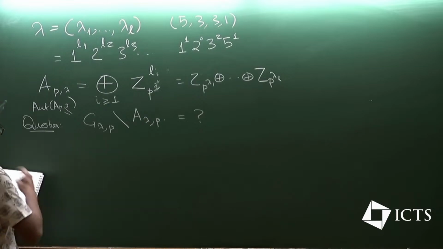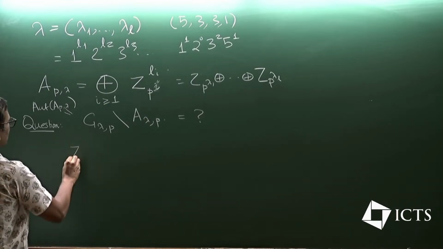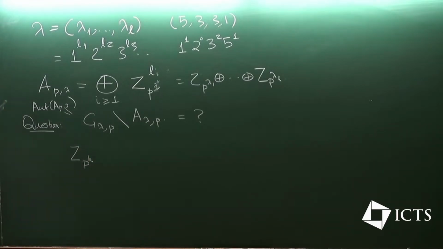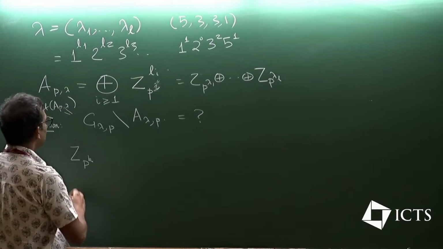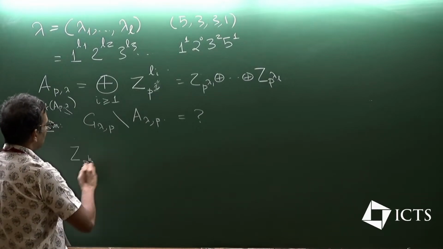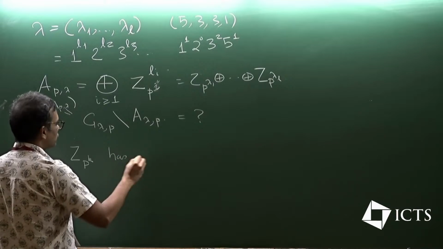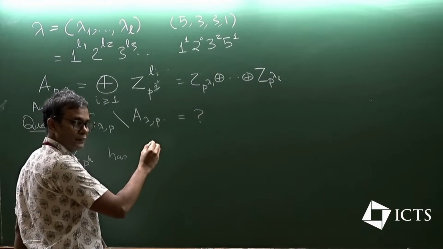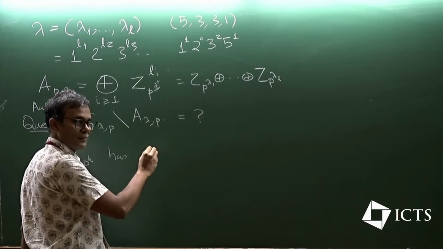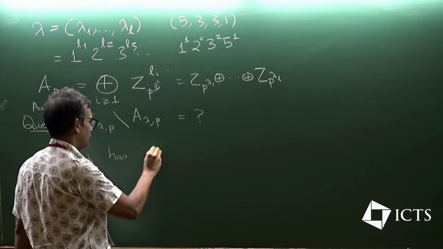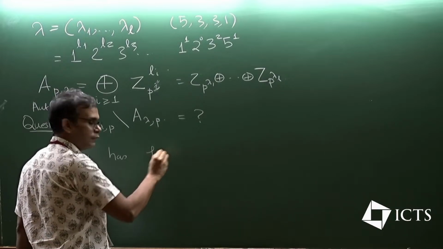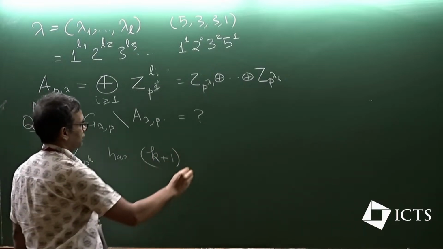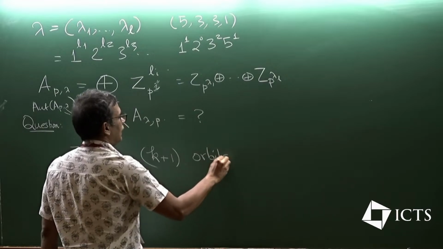So let's look at maybe the next simplest example: the cyclic group of order p to the power k. Here the number of orbits is k plus 1. If k is 1, then there's 0 and non-zero. And what are these orbits?